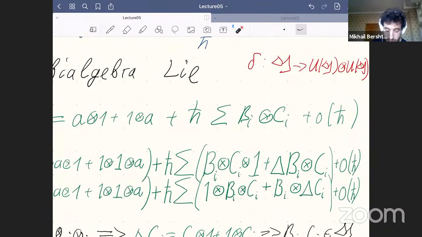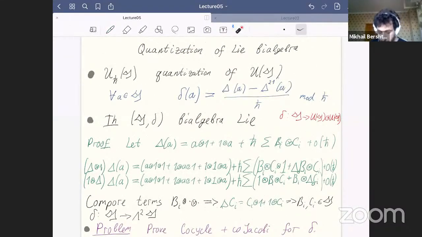Maybe I should write here delta 0. Probably I should use some sort of induction argument here, but at least let me explain the idea. Comparing the leading terms, here we get delta of ci, and here we have ci tensor 1 and 1 tensor ci. So we see that delta of ci is ci tensor 1 plus 1 tensor ci. So ci is a primitive element.